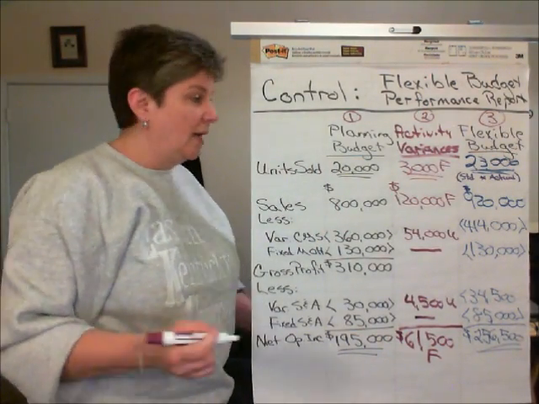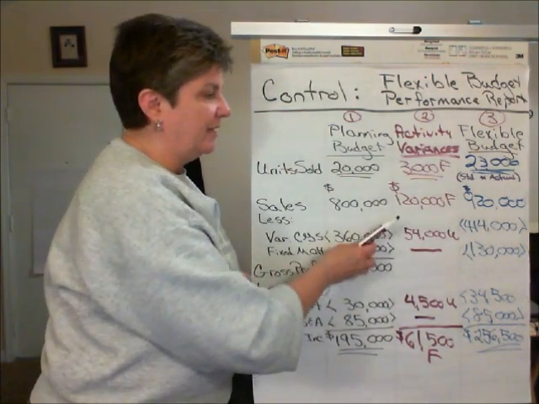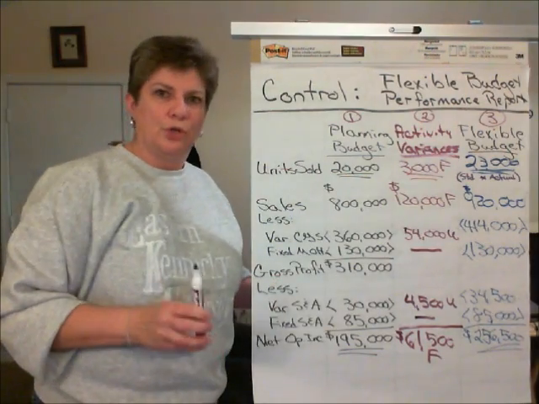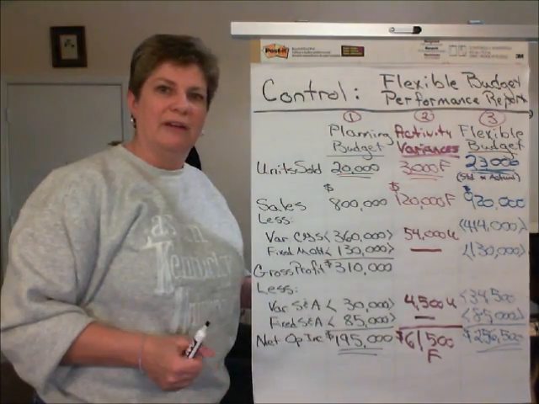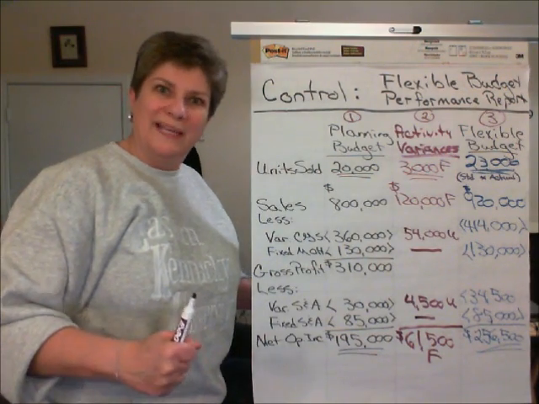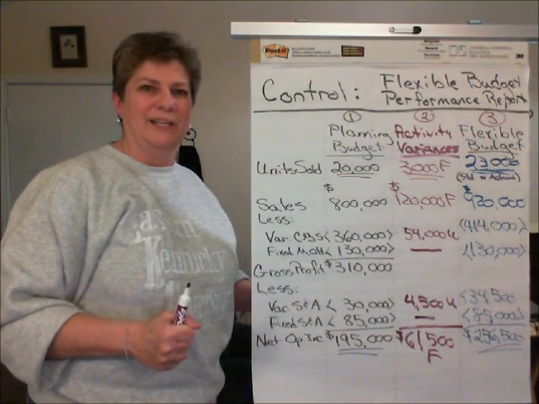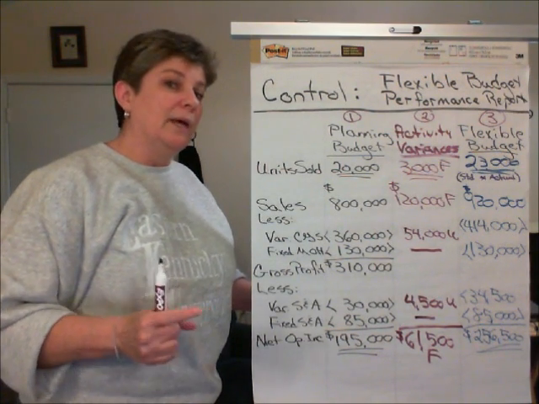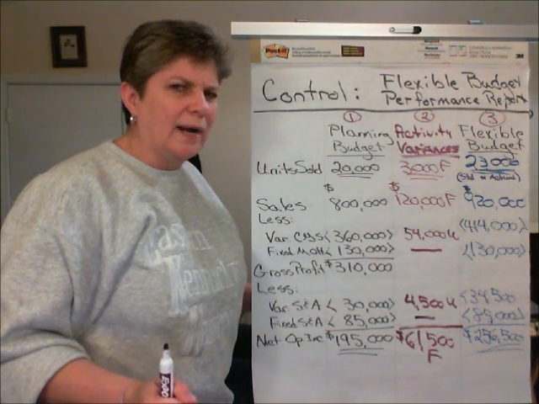Okay, so that's good. While costs did go up because of the increase in activity, revenue also should have gone up. So we should have had a $61,500 favorable increase in net operating income as a result of the increased activity. But as we know in looking at actual, that's not exactly what happened.